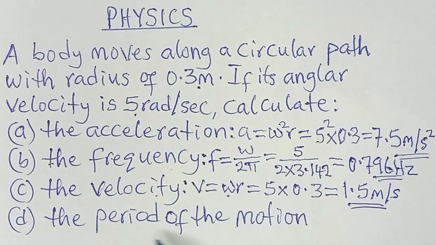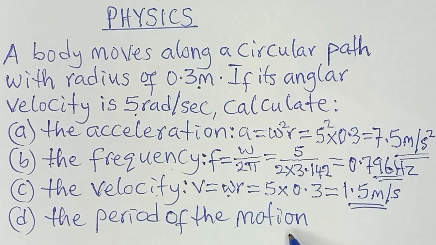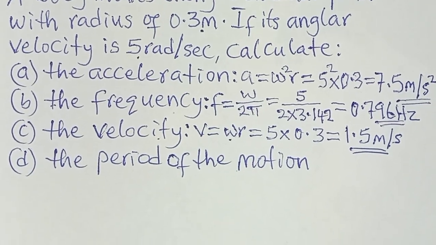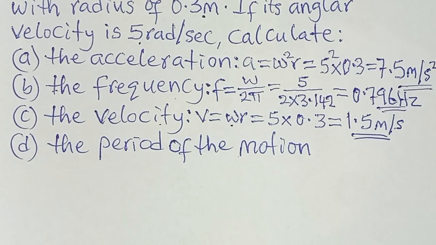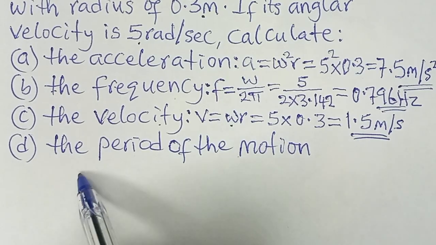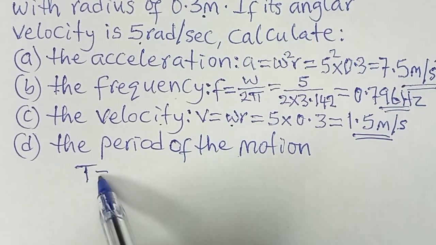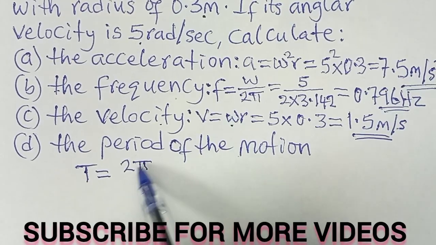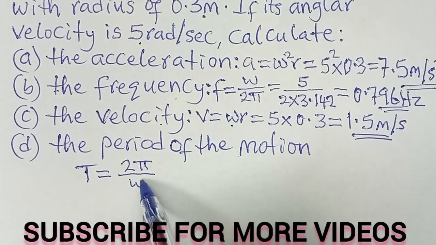And then finally, we have to calculate the period of the motion. So the period T is equal to 2 pi all over omega.